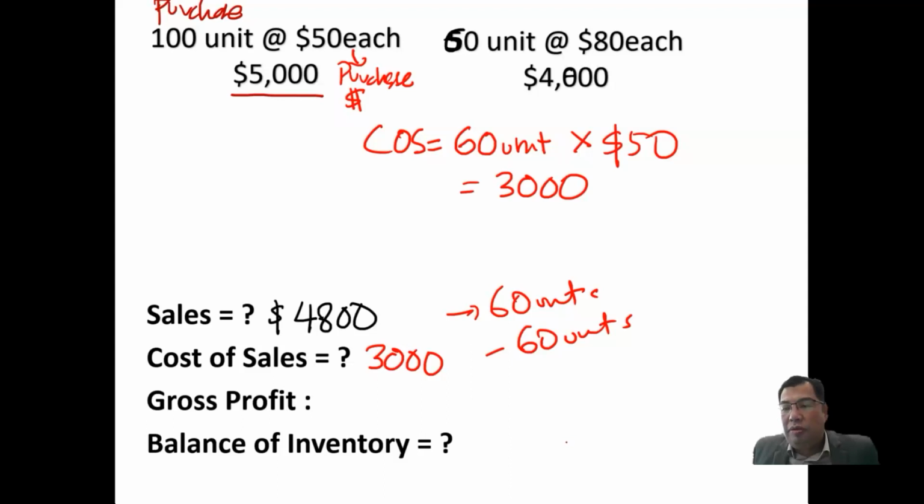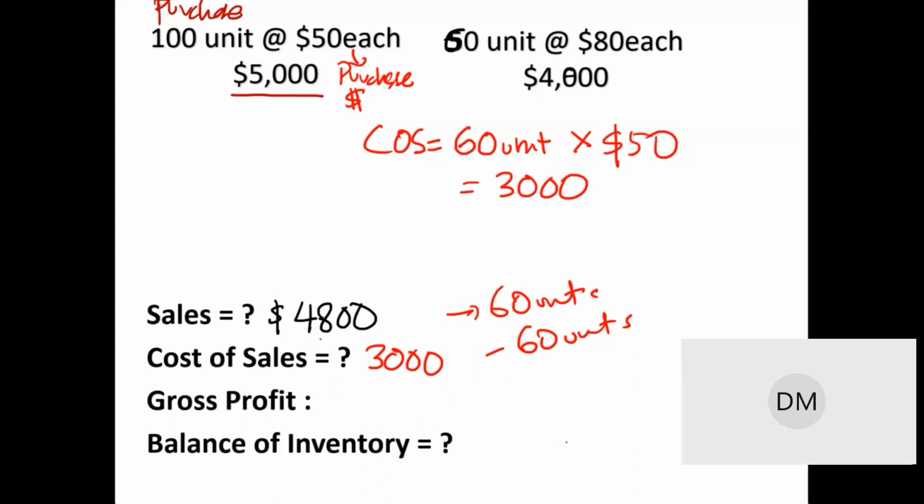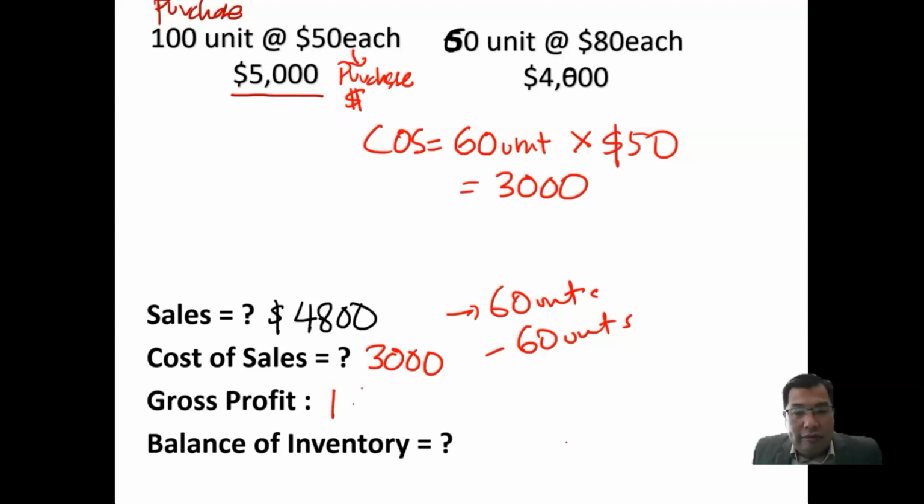Okay, what's my gross profit? 1,800. Perfect, mashallah, very good. Yeah, 4,800 minus 3,000. This gives me 1,800. This is my gross profit. The sales will go to your income statement. The cost of sale will go to your income statement. So you will get gross profit in your income statement, 1,800.